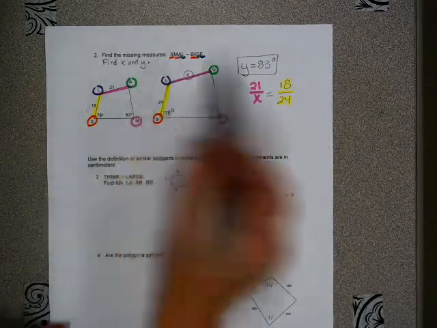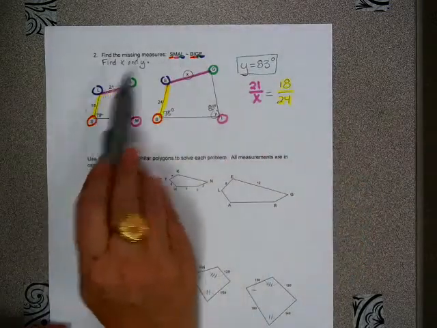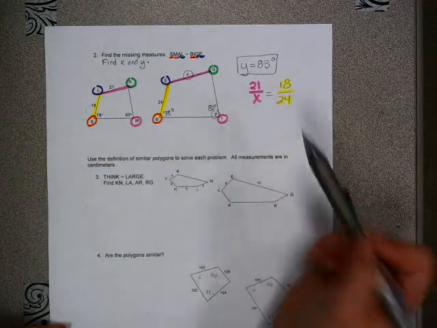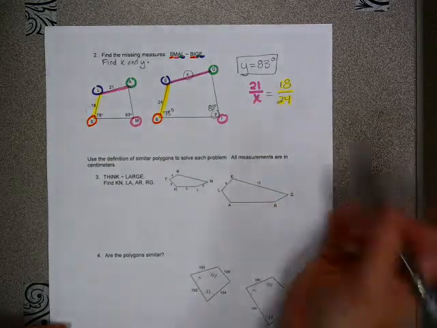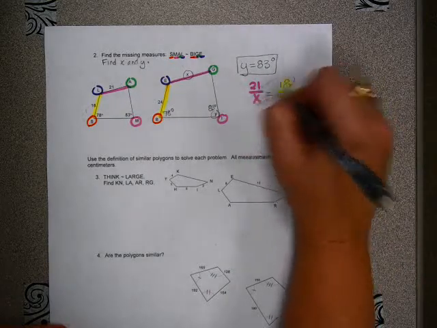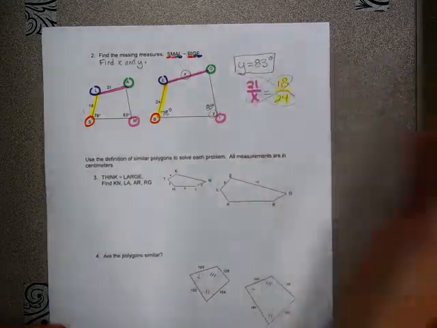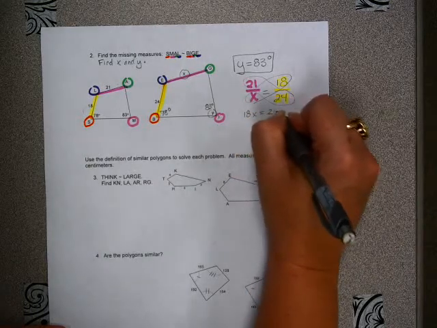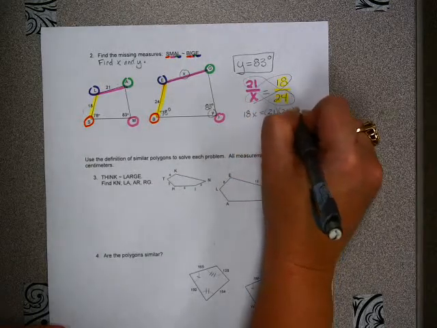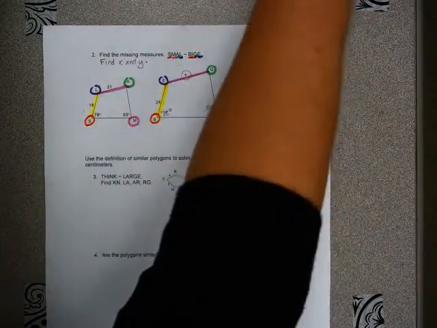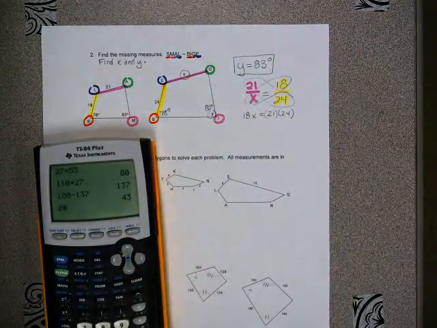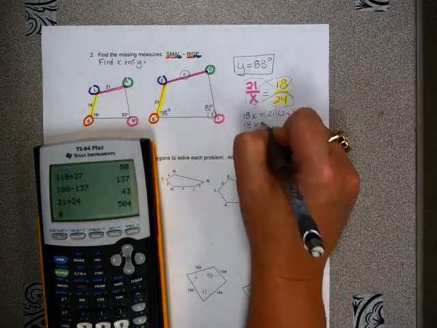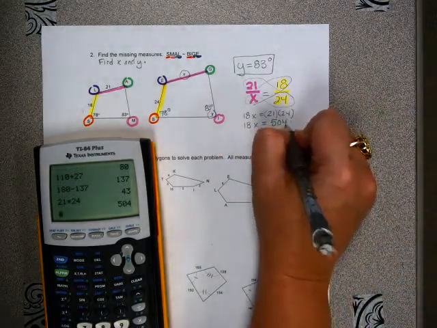Because they're similar, these sides are proportional, so you write a proportion. That's a ratio equaling a ratio. Now I'm going to cross multiply, so that's 18x equals 21 times 24. 21 times 24 is 504, so 18x equals 504.